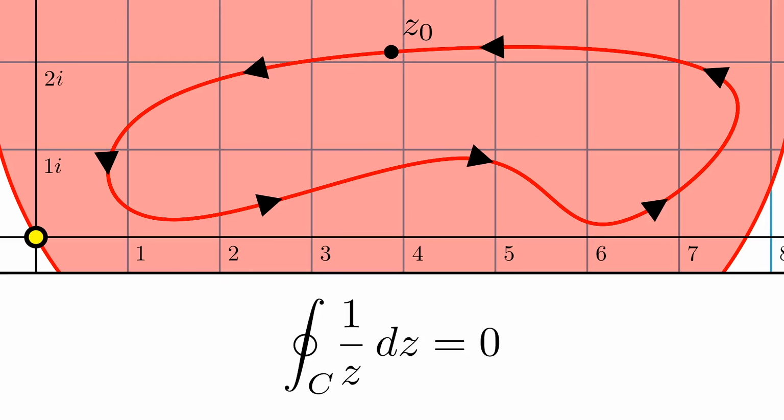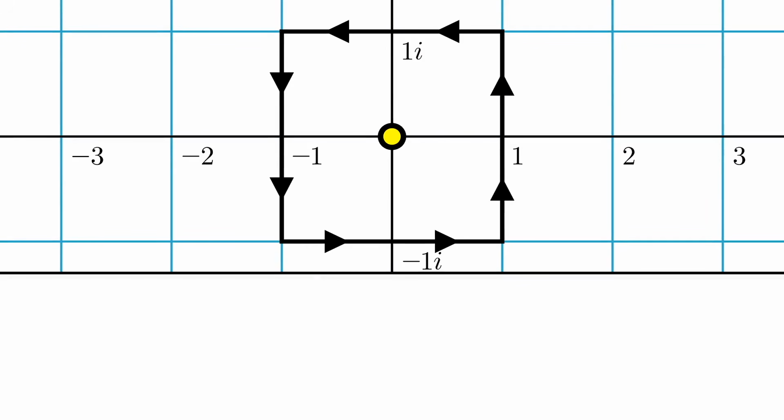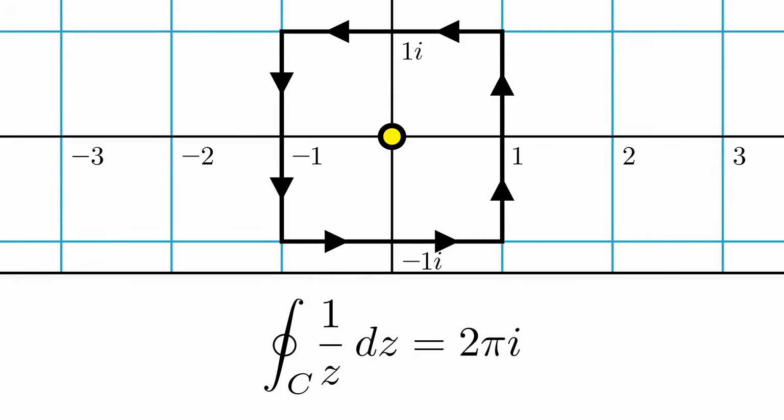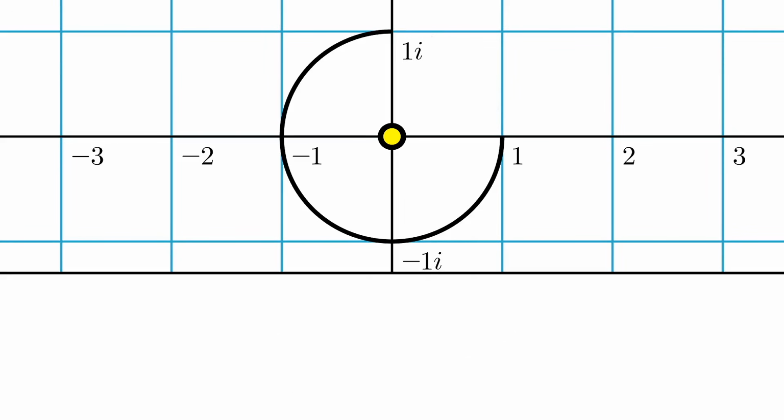Next question. What's the integral of 1 over z around this square? With what we've done so far, we can actually argue that this integral must be exactly 2 pi i. Why? Well, let's start with the unit circle, where we know the integral is 2 pi i. And now let's figure out what happens if we try and replace this quarter of the unit circle with these lines instead.